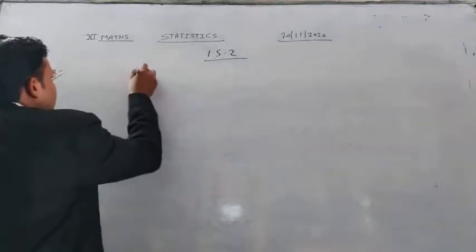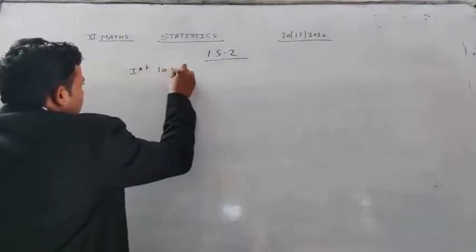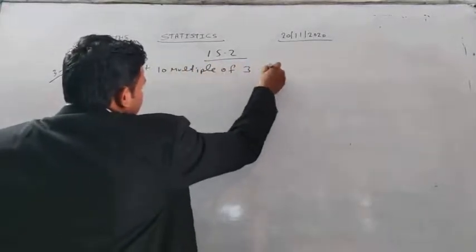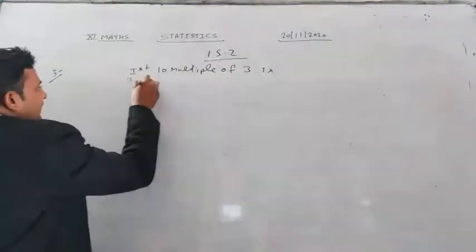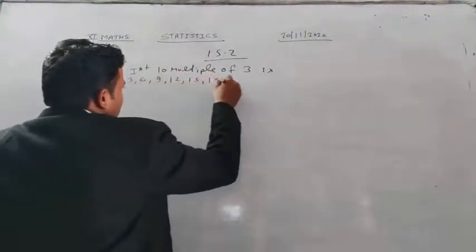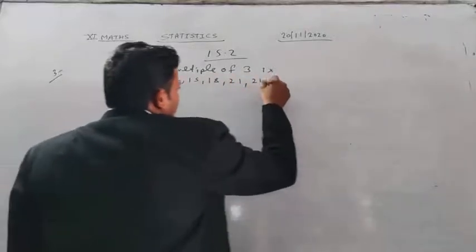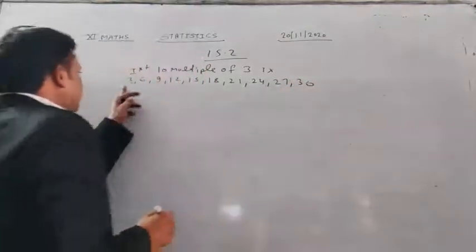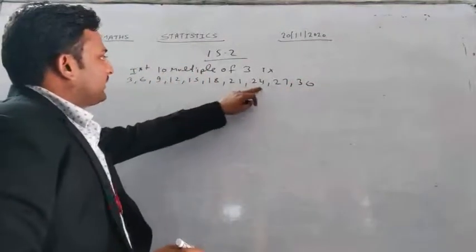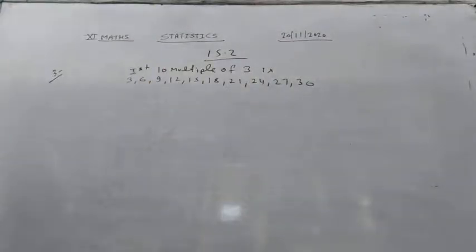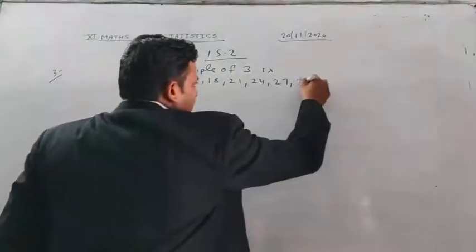So the first 10 multiples of 3 are 3, 6, 9, 12, 15, 18, 21, 24, 27, 30. 1, 2, 3, 4, 5, 6, 7, 8, 9, 10. So these are the first 10 multiples of 3, and we have to find the variance of these.